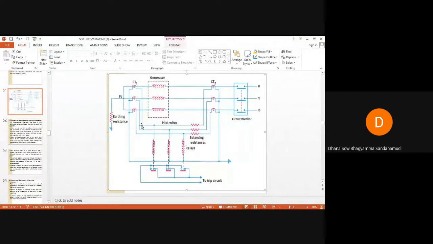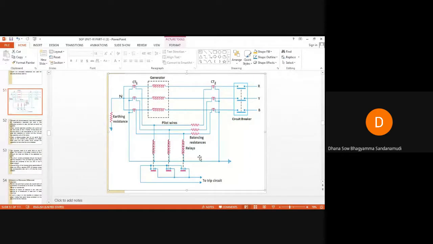So in practice, because of this drawback, we are able to protect the winding if an LL or LG fault occurs on either side. But if an LG fault occurs at the neutral point, the relay is unable to sense the fault and is unable to operate.